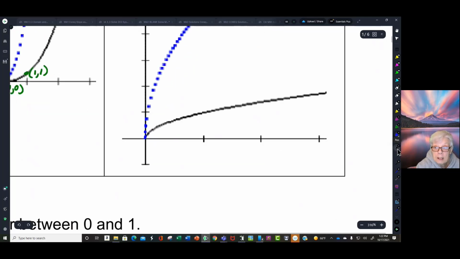It is continuous. So let's see, both of the graphs share the point 0, 0 for the same reason as before. And then we have 1, 1. I didn't have room for 4, that would have been at 2.